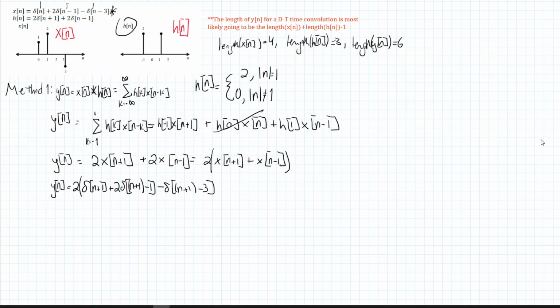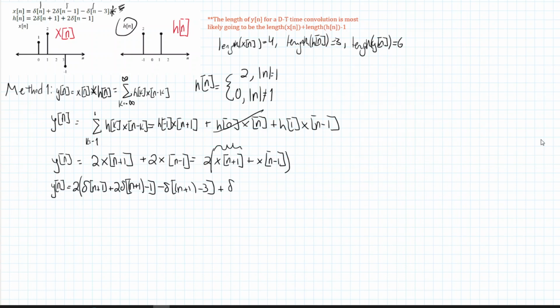So this first term takes care of this, and now we'll do this one. Plus, we're going to do the same thing. We're going to take x of n from up here from the definition, bring it down here, and then replace our n's with n minus 1.